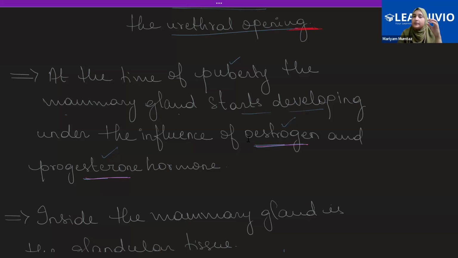First of all, the breast tissue enlarges. You might have noticed that before and after your first periods, a lot of changes occur in the body. Those changes happen under the influence of the female hormones.